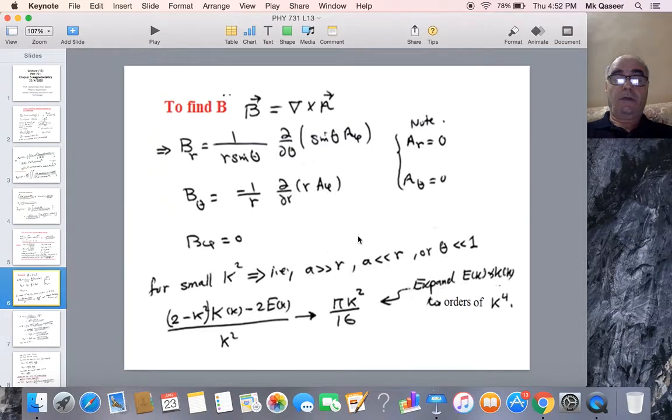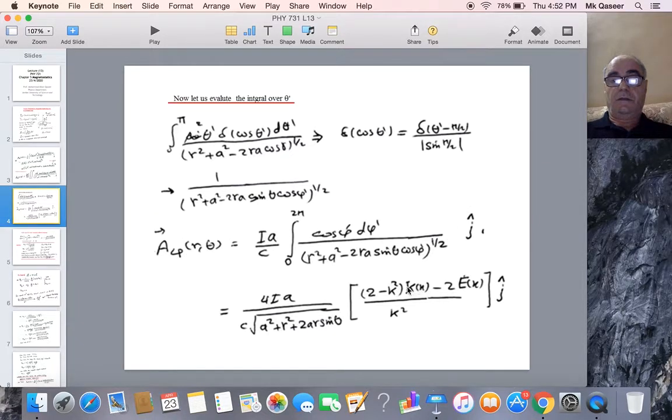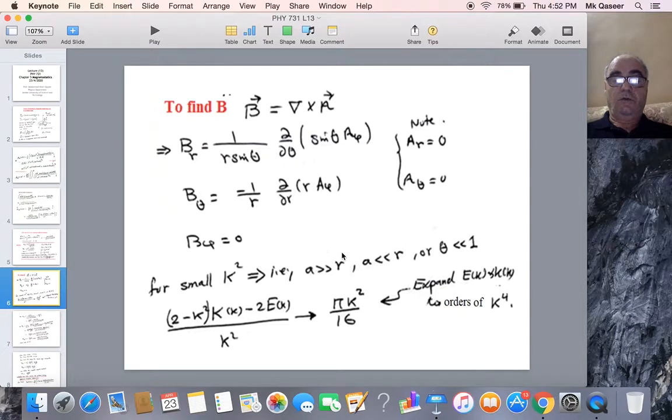For small k, we can expand the elliptic functions, and the whole expression of A phi is reduced to pi k squared over 16. To get this, you have to make an expansion and take k up to order 4.